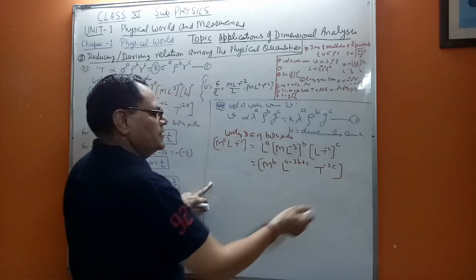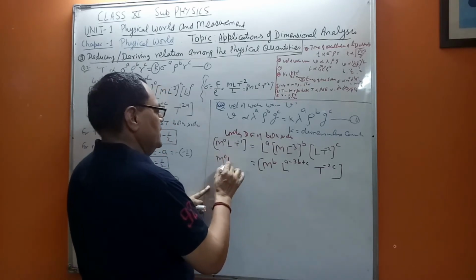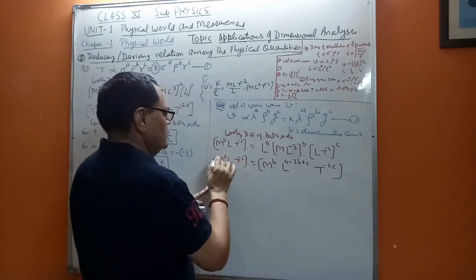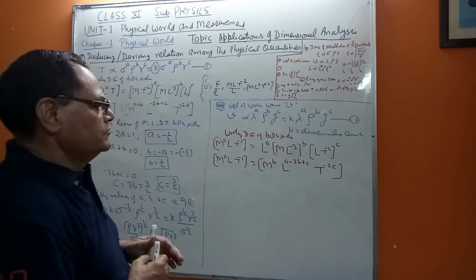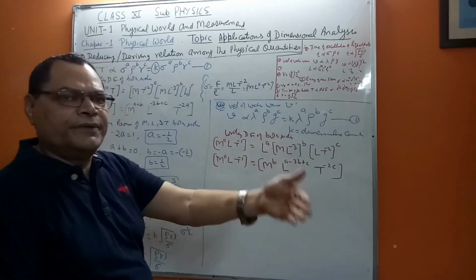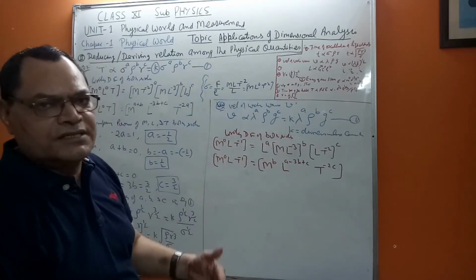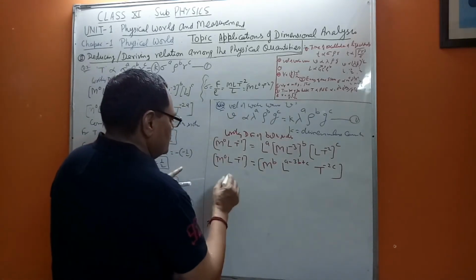So this is the final result, M L T on the right hand side, and on the left hand side M^0 L T^-1. Then what do we do? Tell me. Once you get this step, the final step is to compare the powers of M, L, T on both sides. Good. So let's compare.